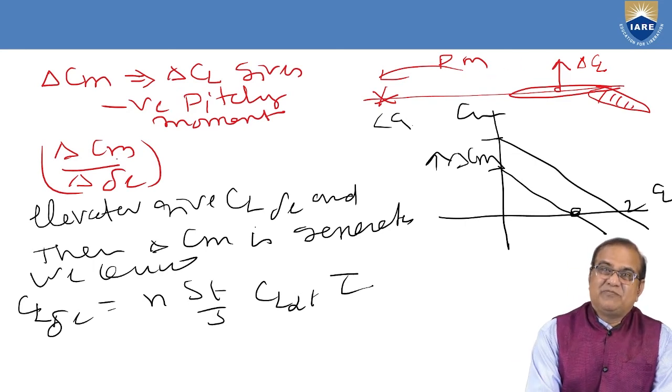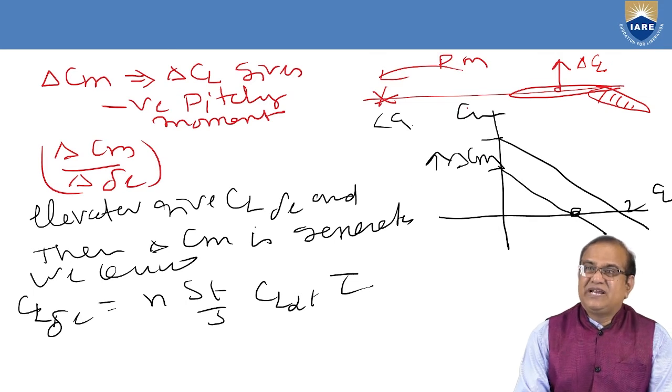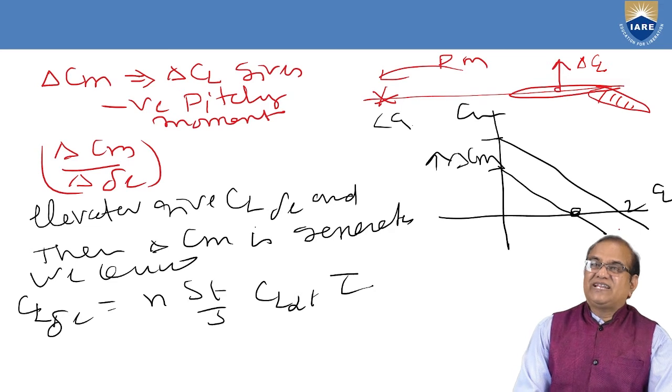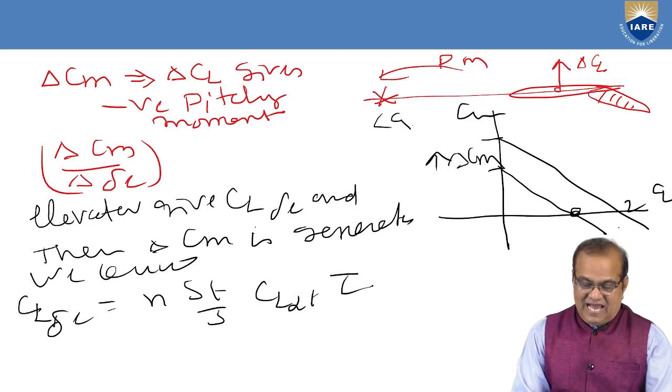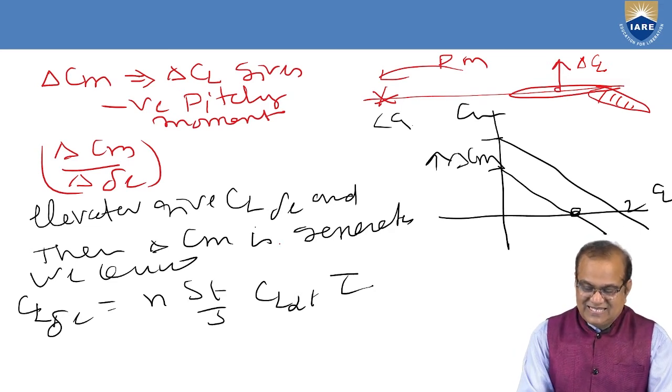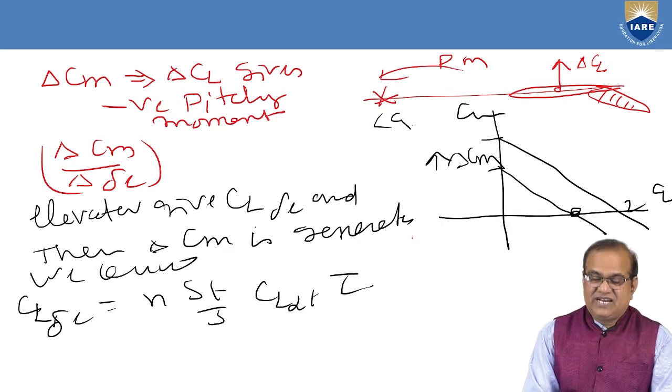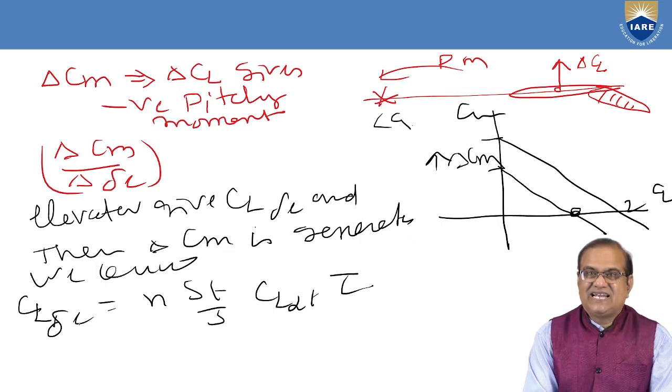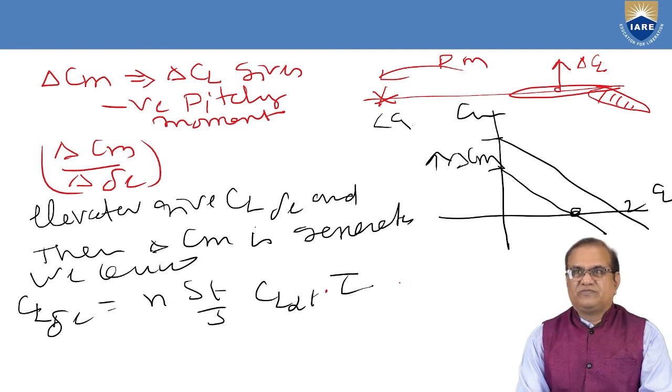So delta Cm by delta E. If you draw a plot between Cm and delta E, the elevator gives CL delta E and then delta Cm is generated. So we get CL delta E equal to neta ST by S CL alpha T into tau.